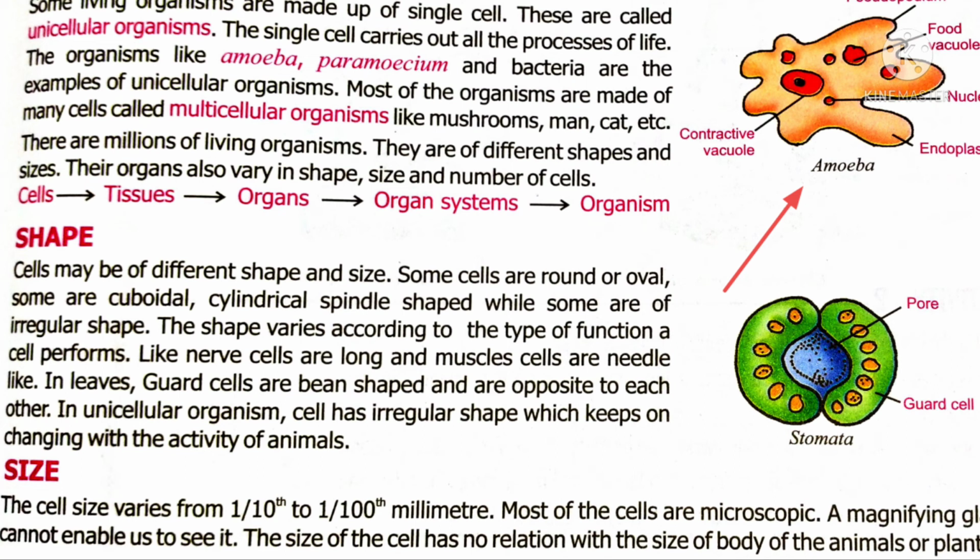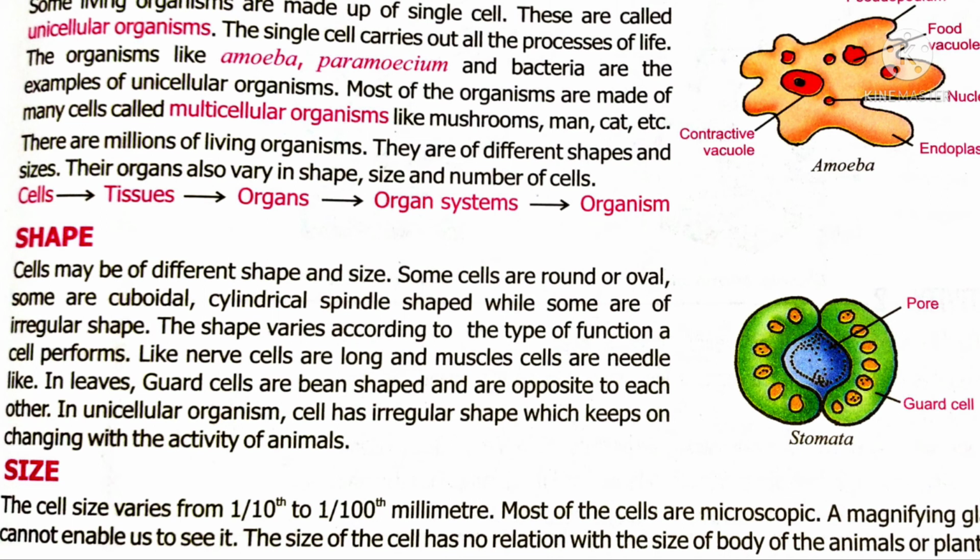The size of the cell ranges around 0.1 millimeter to 0.01 millimeter. Most of the cells are microscopic, too small. We can see them only under a microscope. Whereas an egg is a larger cell which we can see with our naked eye. But don't think that an elephant's cell size is bigger than a rat's cell size.